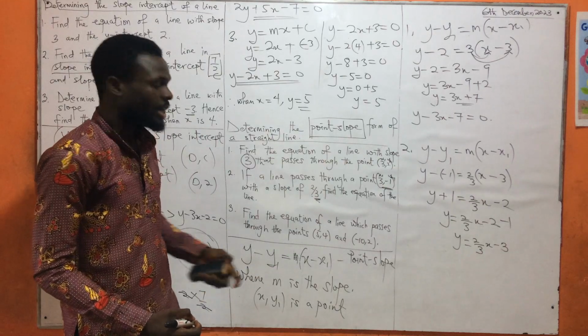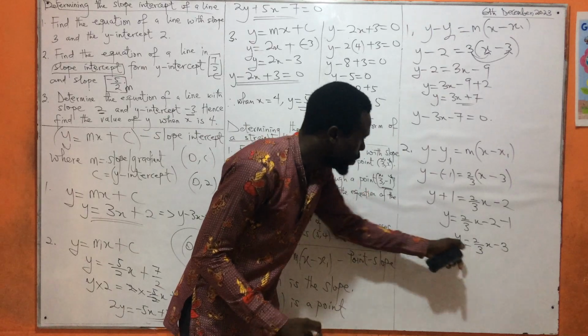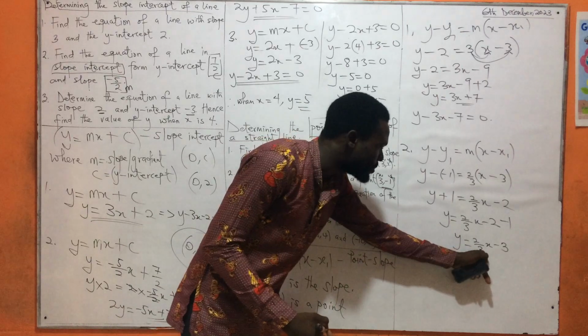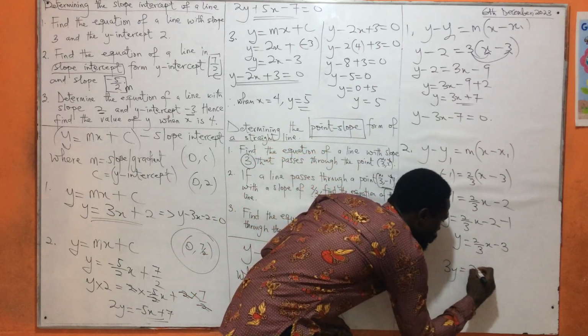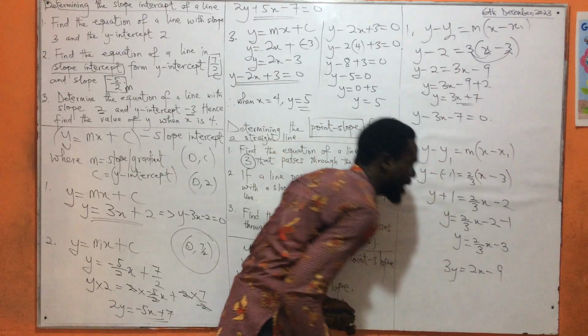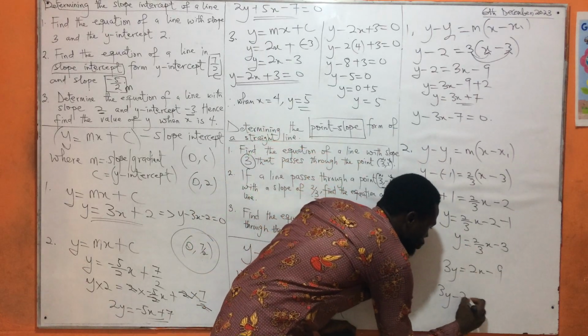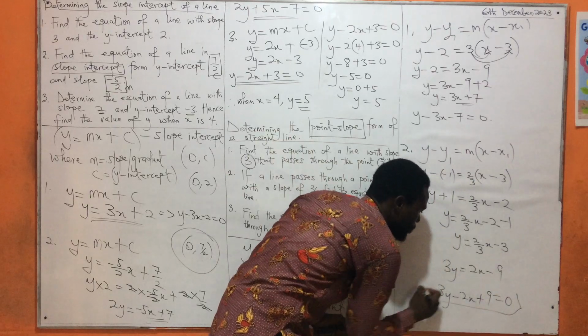If we want to get rid of the fraction, we multiply by the denominator, which is the LCM. So times 3 throughout. This gives you 3y is equal to 2x minus 9. Now regrouping will give you 3y minus 2x plus 9 is equal to 0.